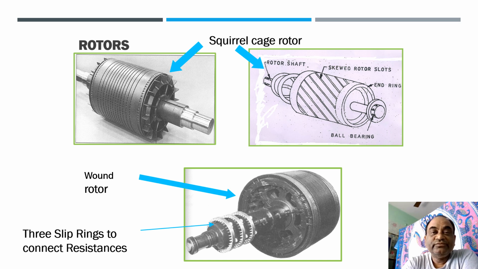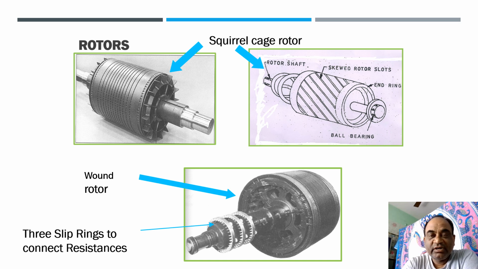But in the case of the squirrel cage induction rotor, there is no three-phase winding as such, but there are bars placed in the rotor slots, and those rotor bars are shorted at the end with the help of end rings. There is no slip ring as such in these squirrel cage rotors.